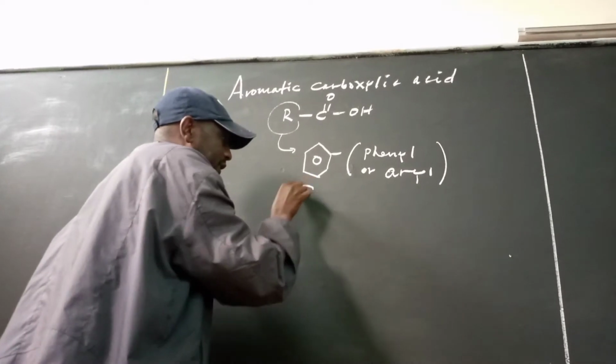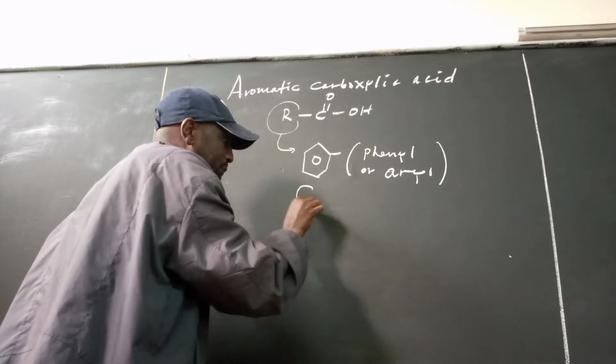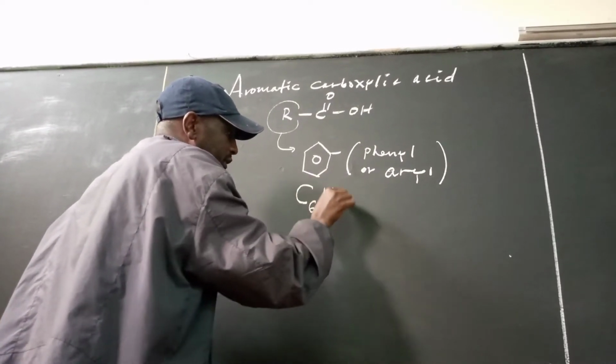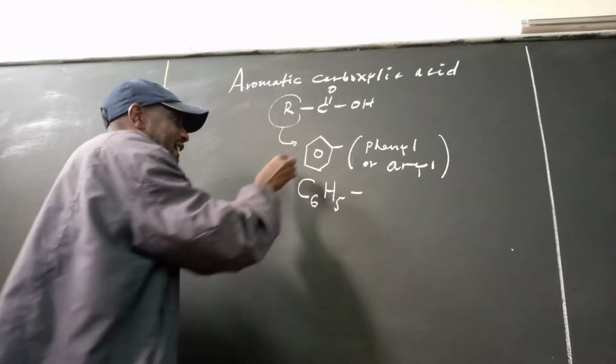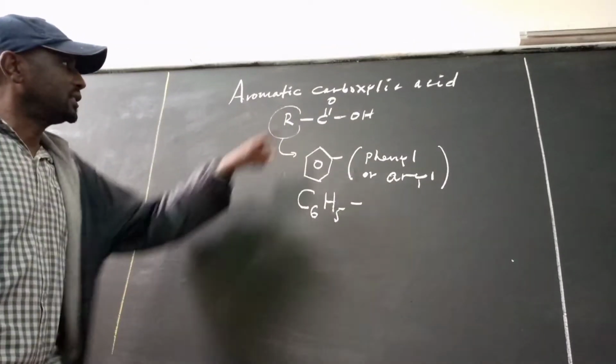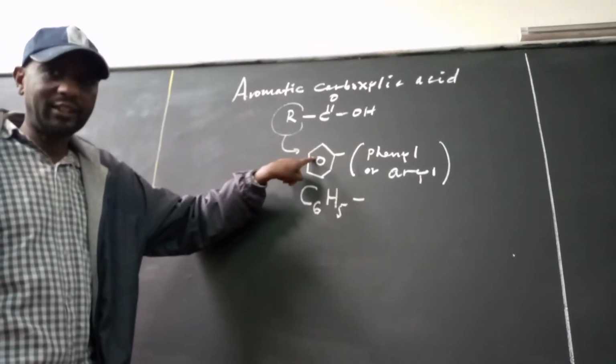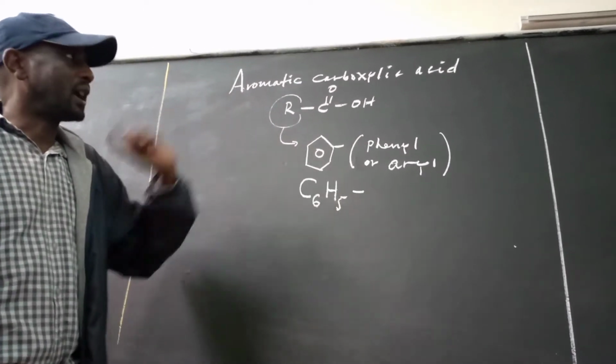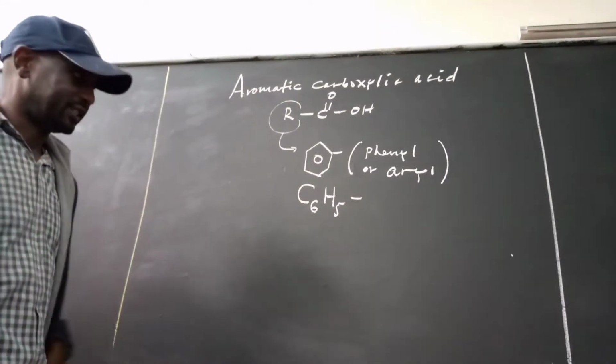That is, in short, 6 carbon, 5 hydrogen. This is what you call phenyl. When this R is substituted by phenyl, it becomes aromatic carboxylic acid.